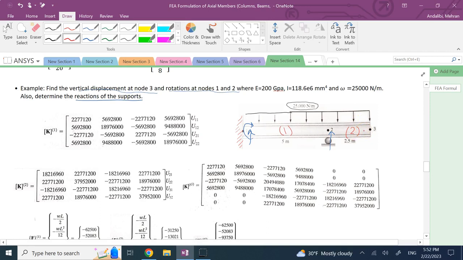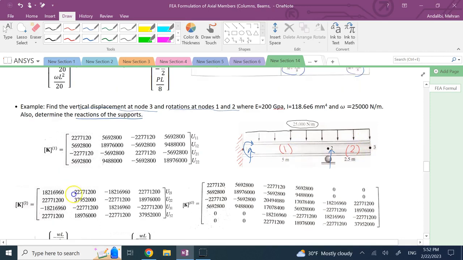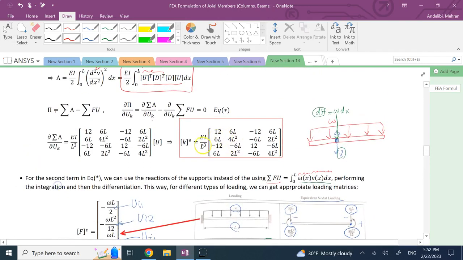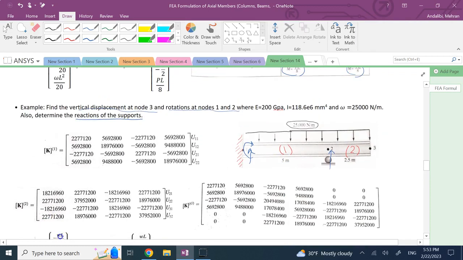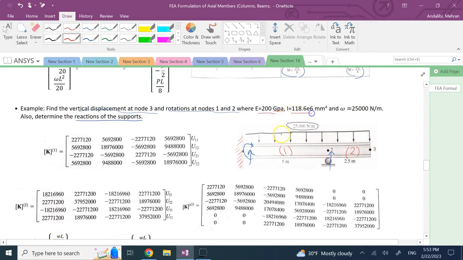So how do I attack this problem? Well, I look at element 1. For element 1, remember K is what? K is EI over L cubed, and then these numbers, 12, 6L, and so on. So what you really need is L, E, and I, right? And you have everything for that. You have the E, you have the I, and you have the L. L is 5.